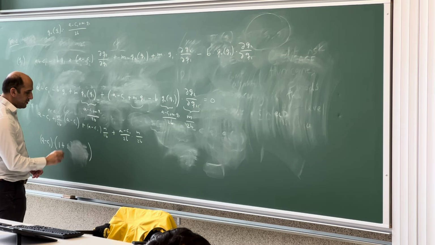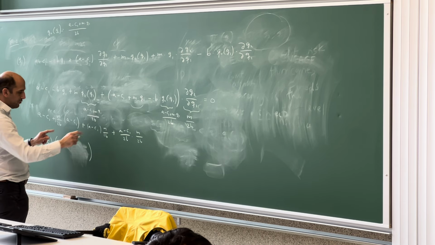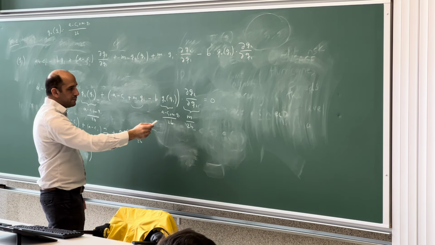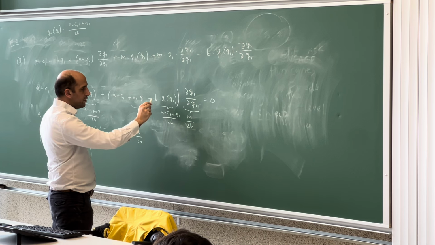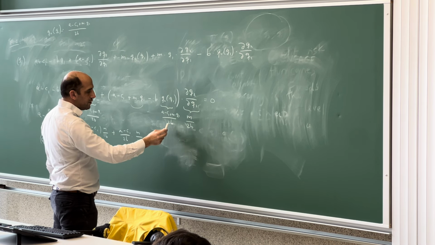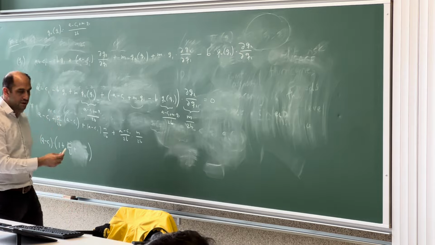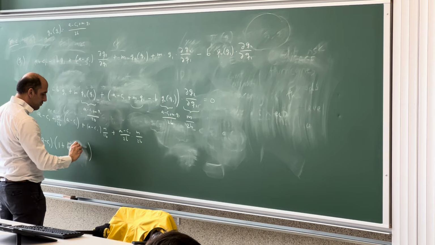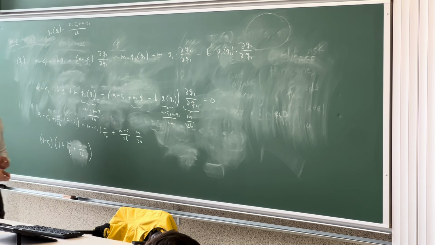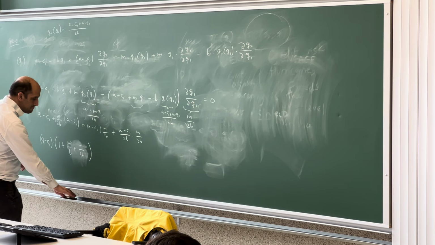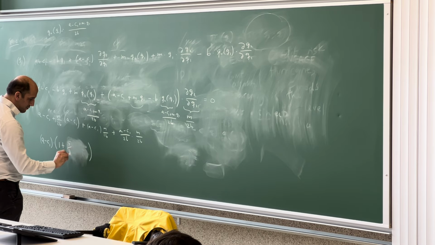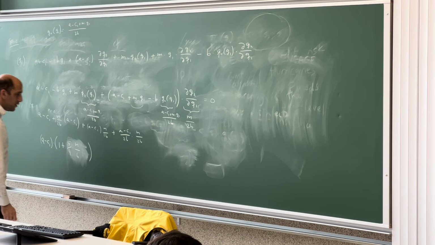We do have m over 2b plus m over 2b, that's m over b, plus b times m over 4b squared. So one of the b's cancels out, and we get m over 4b. So it's going to be 5/4 m over b. Okay, and that's the constant part.